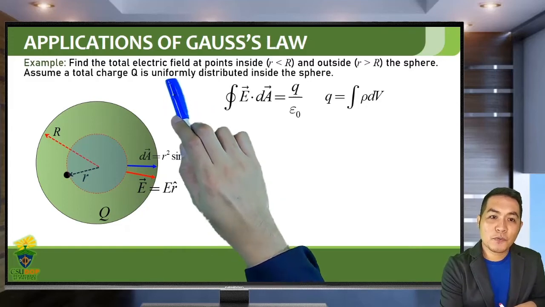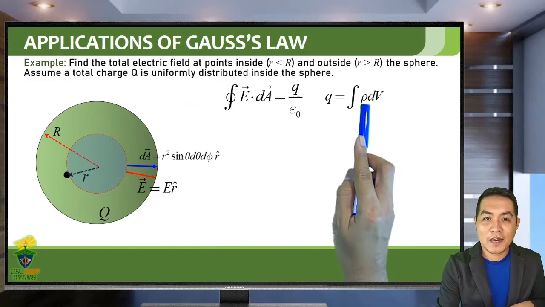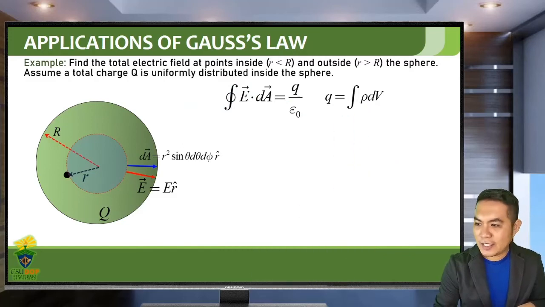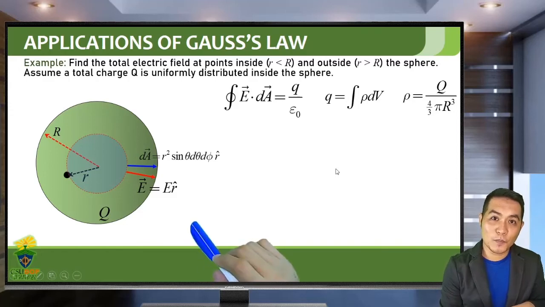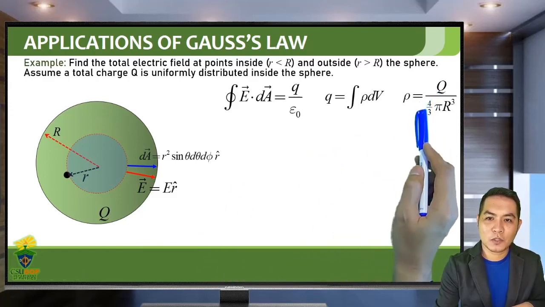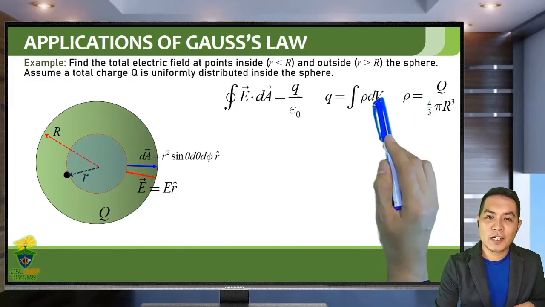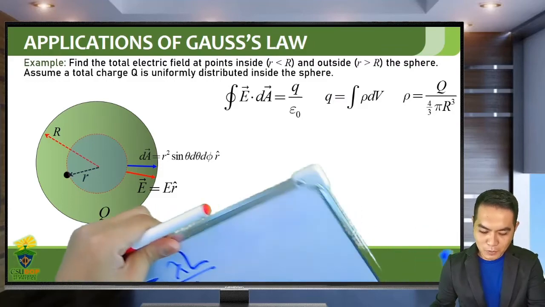There is a uniform charge distribution here, meaning your rho, your charge density, is also uniform. And if it's constant, it's just equal to the total charge over the total volume of the sphere. In this case, the total charge is capital Q. The total volume is 4/3 pi r cubed. So you can take it out of the integral, and what will happen now?